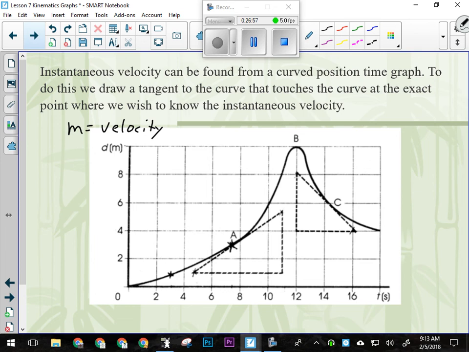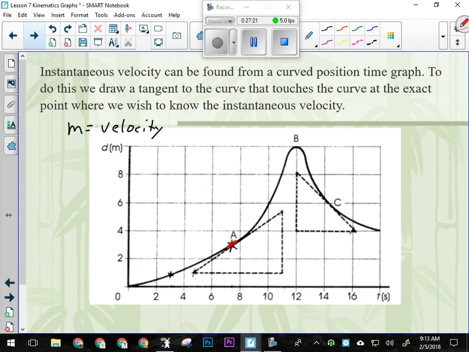Okay, so if I understand that the slope of a line on this graph is equal to velocity, and I understand that a curve is really an infinitely large number of infinitely small straight lines, then I should be able to calculate the slope of the really small straight line that exists right here at time 7 seconds.